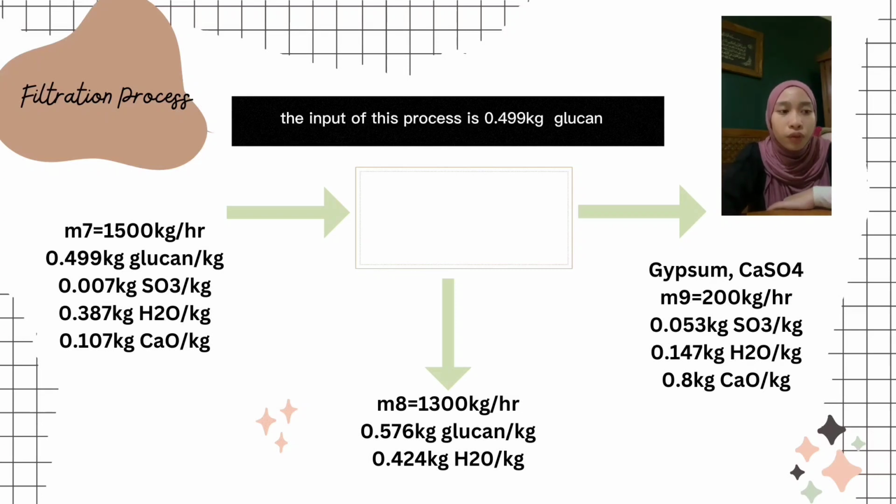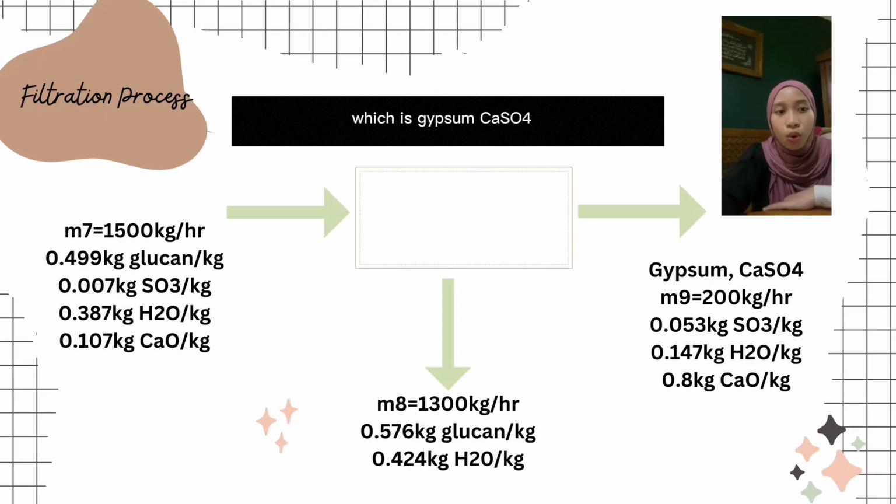The input of this process is 0.499 kg glucan, 0.07 kg SO3, 0.387 kg H2O and 0.107 kg CaO. There are two outputs from this process.